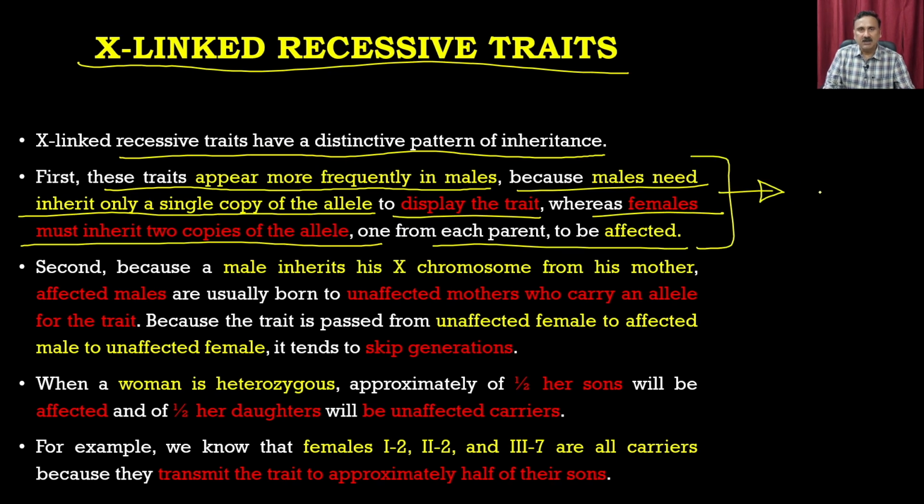Males are affected even if they get only one copy of the X chromosome, whereas females are affected only if they get the affected X from both parents. So all X-linked recessive traits would be more of a problem for males than for females. Even if the male gets one X chromosome where this particular trait is present, he is going to exhibit the disease.